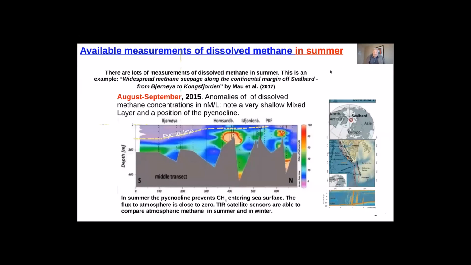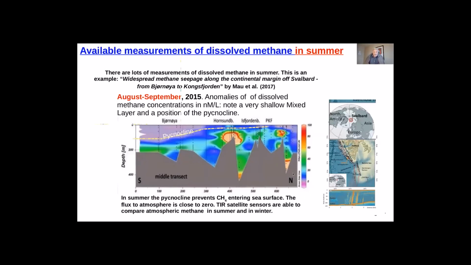What measurements of dissolved methane are available in summer? Because in winter there are no measurements at all. This is an example for an area near Svalbard, from Svalbard to Bear Island, for August-September 2015.